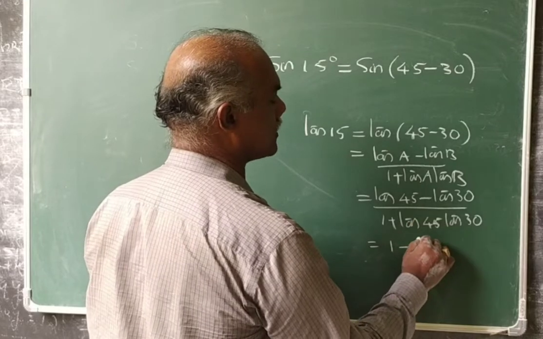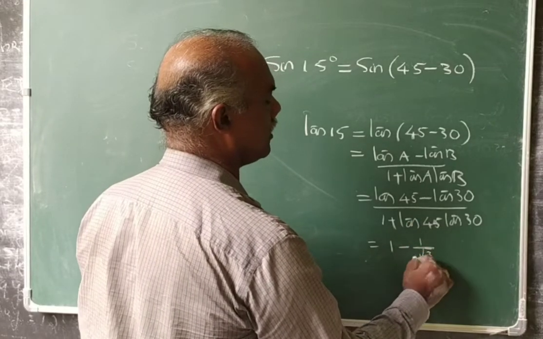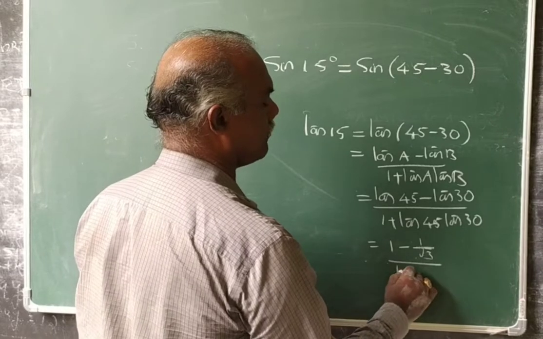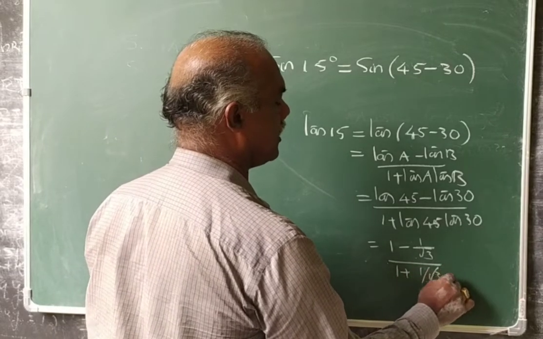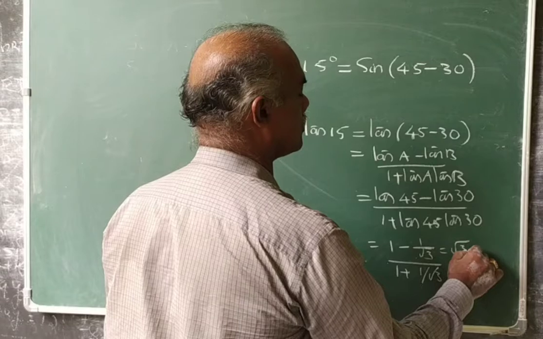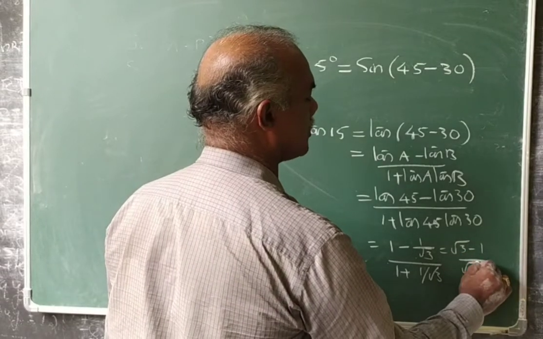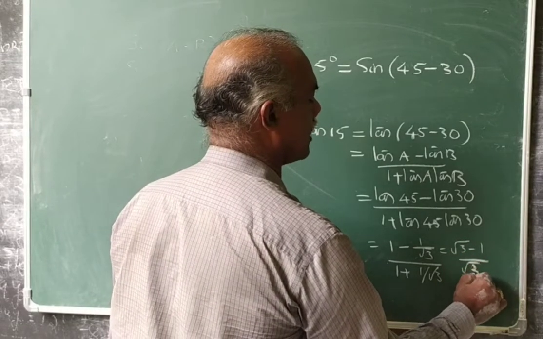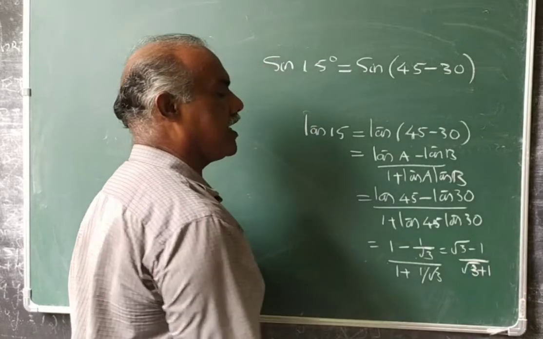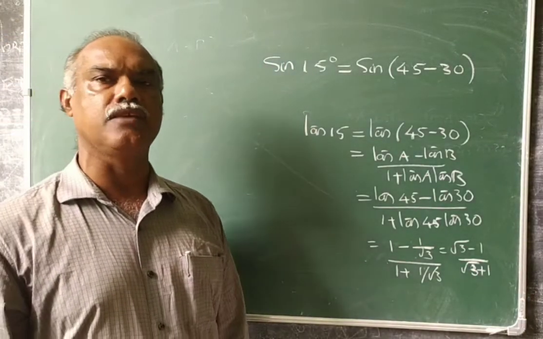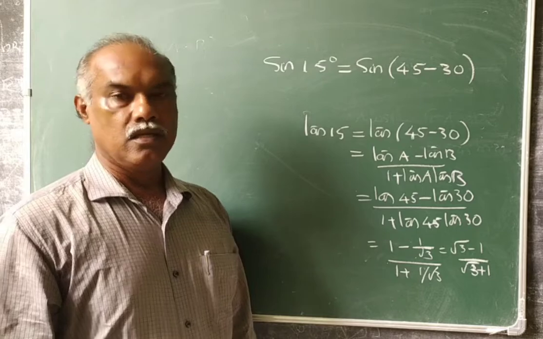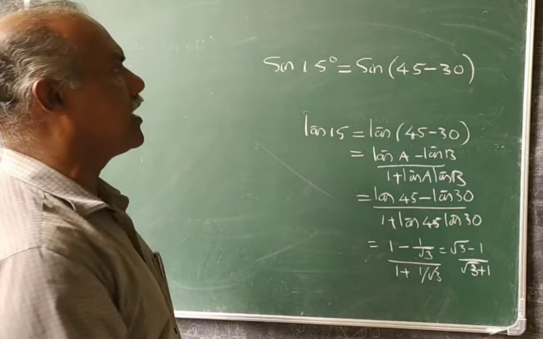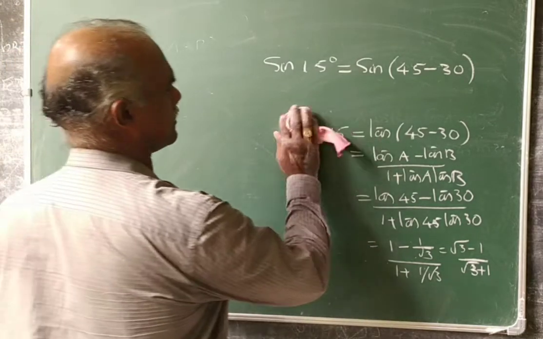So (1 minus 1 by root 3) divided by (1 plus 1 by root 3), resulting in (root 3 minus 1) by (root 3 plus 1). You can rationalize the denominator, but no need for that. Now let us consider the angle 75 degrees.